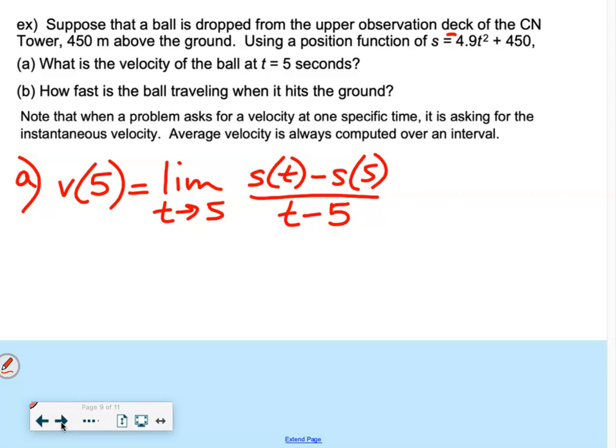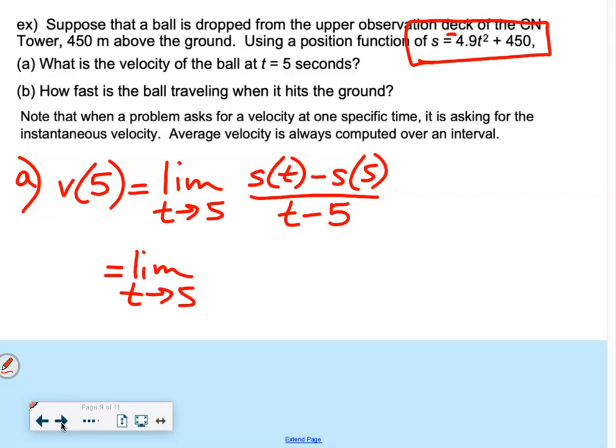Do you all know your s of t function? This guy right here. Okay, that's your s of t function. You can do this without a calculator. Yes, you can. I hear all the calculators opening and clicking around.